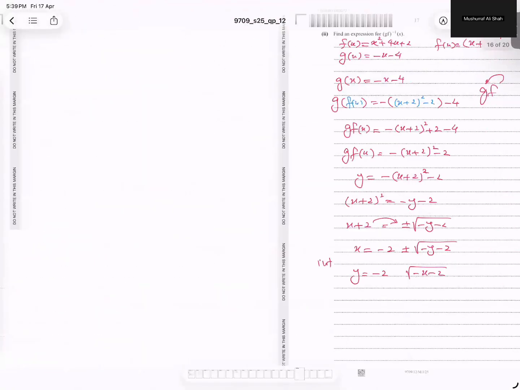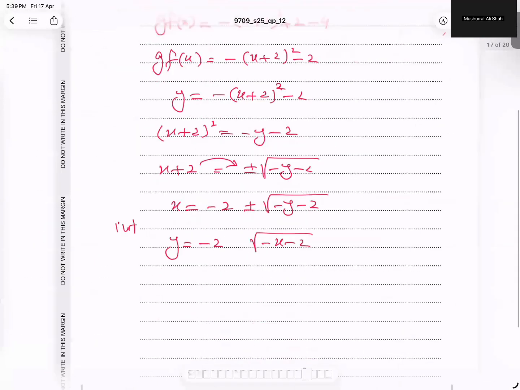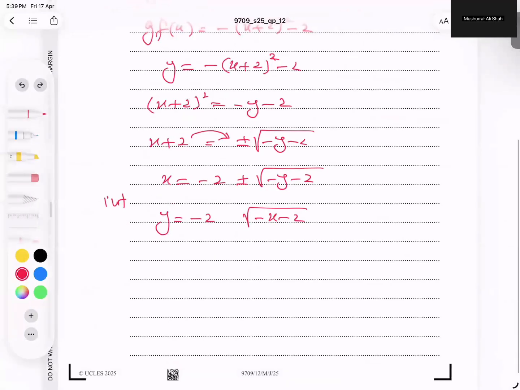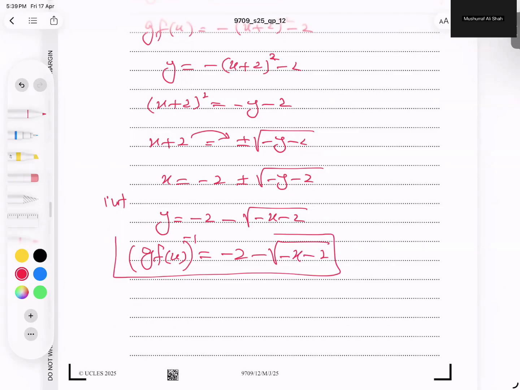So that is why I'm going to write here a negative sign. And now I got gf of x whole inverse is equal to negative 2, negative x, negative 2. I hope the concept of the question is clear.